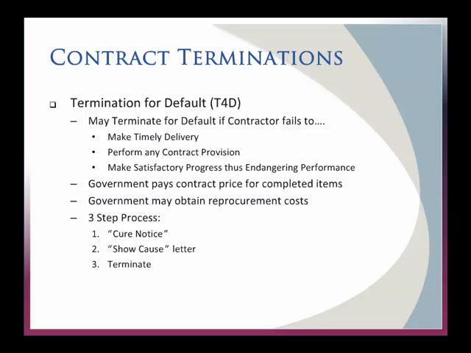You got to pay for what was done. You can terminate the contract and not pay anymore. So in this case, if the government has put funds beyond what they received, you can obtain reprocurement costs. So you can actually get some funds back if in fact they were actually maybe not acting in good faith or something like that, where they fell behind.